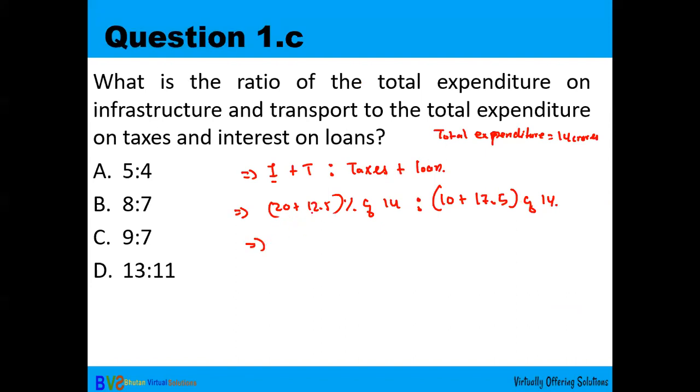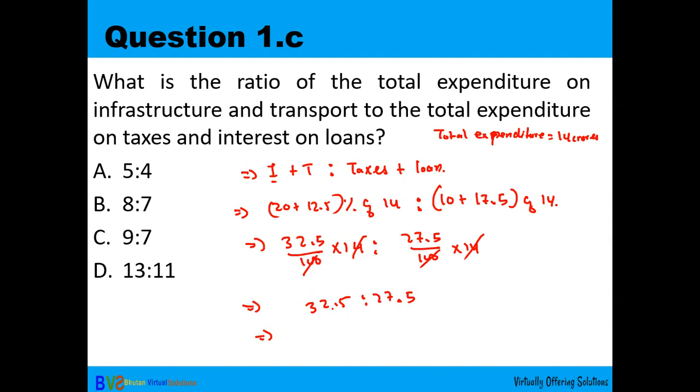Now you do this, you will get 32.5 divided by 100 times 14, and 27.5 divided by 100 times 14. You cancel the 14 and 100, and you can do that in ratio. So you will be left with 32.5 is to 27.5.